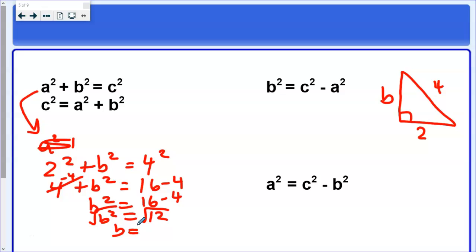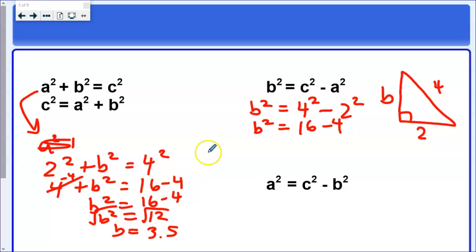I'm going to plug that in my calculator, and it's 3.5. So what I'm saying is, instead of using this basic formula when we need side B, let's put the numbers into this formula. B squared is what we're trying to find. C squared is 4 squared. A is 2 squared. And now we have B squared equals 16 minus 4.